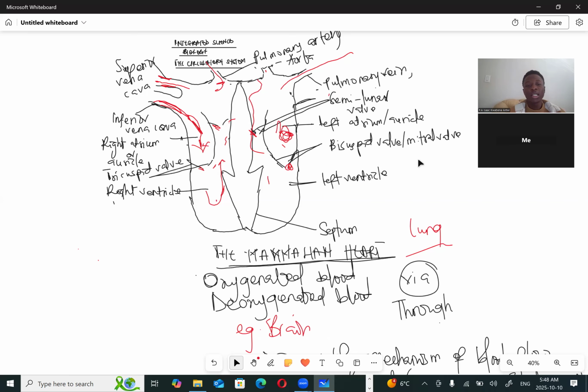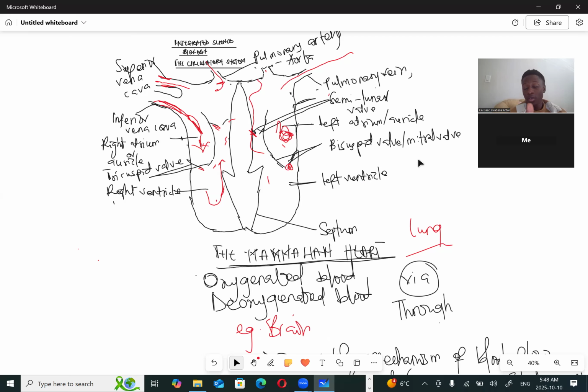So can someone tell us the function of the inferior vena cava? It allows the deoxygenated blood from the lower part of the body to flow to the heart.